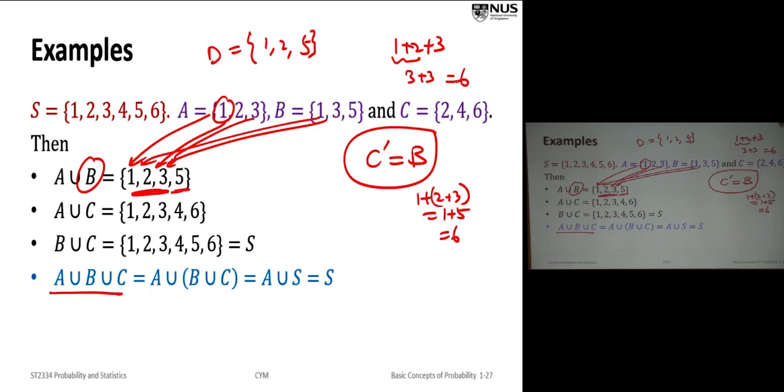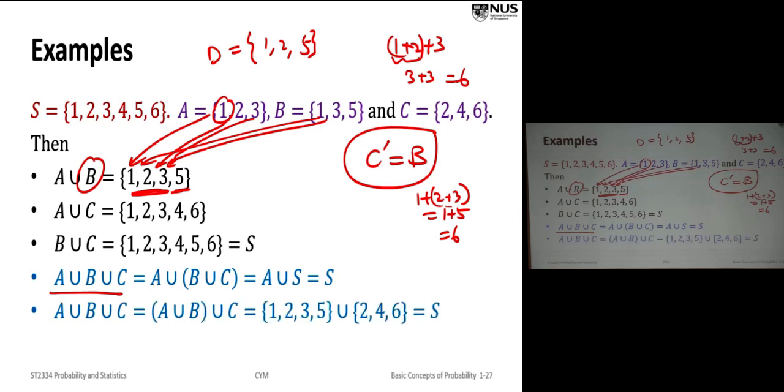So in addition, it doesn't matter which one you do first. For union, whether you do A union B first and then union C, or the other way around, it is the same answer. The answer is S. So it doesn't matter.